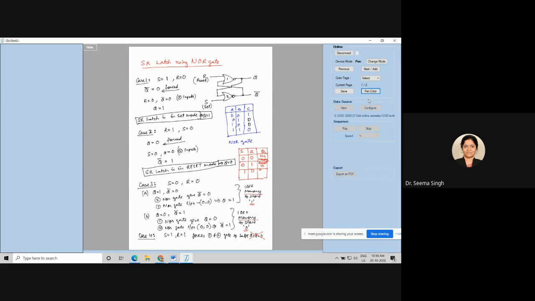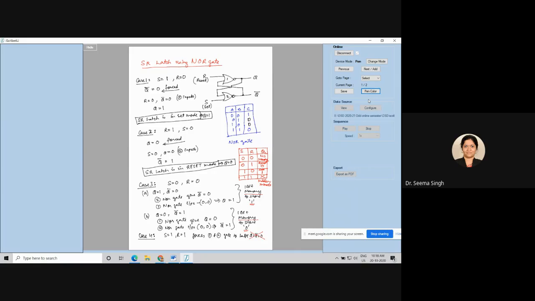So then it is in a set state, and set state says that output is 1. And the last case is when both are 1, 1. This is the state which is not allowed, and then we will say that your output is not understood, or we can say indeterminate. In one page only I had to cover, so it became a little cumbersome. Bear with it.